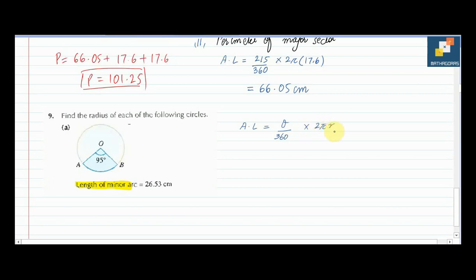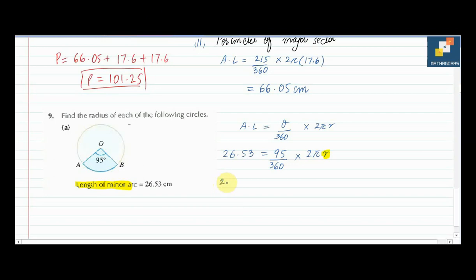Now angle is 95 divided by 360 multiplied by 2 pi, and since radius is unknown but the arc length is 26.53, at this point make r the subject of this equation.